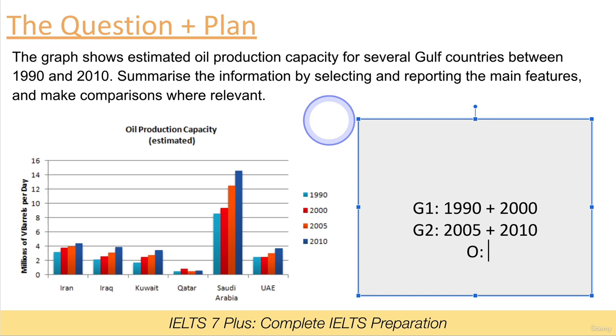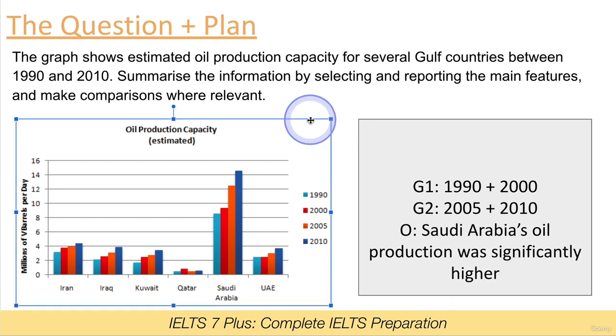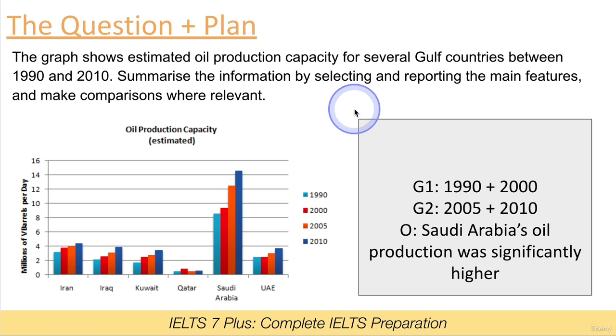So we're going to touch upon Saudi Arabia oil production was significantly higher than any other country. That's the route we're going to go down. Okay, so we've got our groupings, we've got our overview.